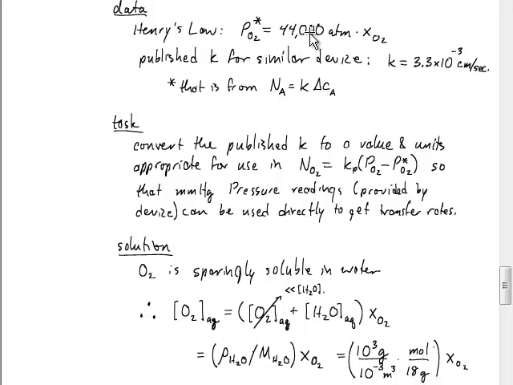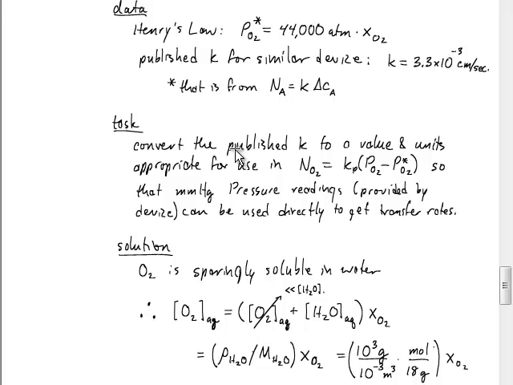Okay, so that's an example of a Henry's law coefficient right here, the 44,000 atmospheres. And suppose you also know that for similar devices, the relevant mass transfer coefficient, at least when it's phrased in terms of concentration units, is 3.3 times 10 to the minus 3 centimeters per second, right? So this is for plugging into a relation of this form where you have a rate of mass transfer as a coefficient times the concentration difference.